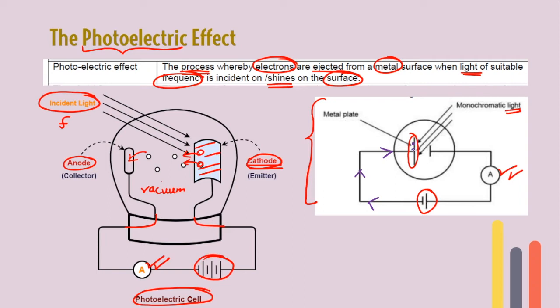Once they get to this point, they are now in the vacuum that is shown by the circle. And they need to move to this side. But in order to move, well, they can't just move. They're not just going to build up and therefore move. So what we do is we shine light on this metal, and in doing so, the electrons jump out onto the other electrode, and the circuit is complete.